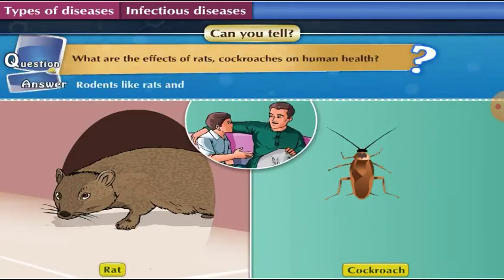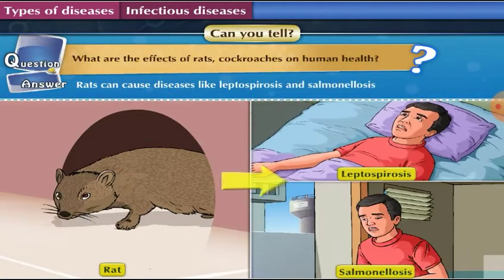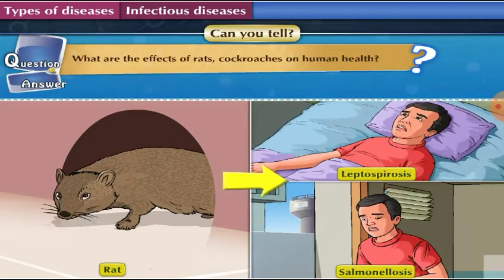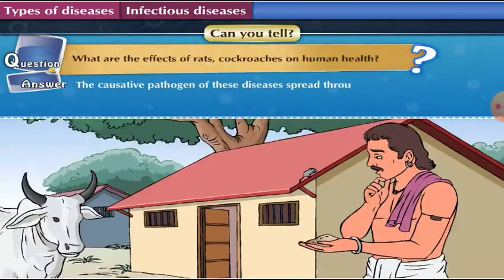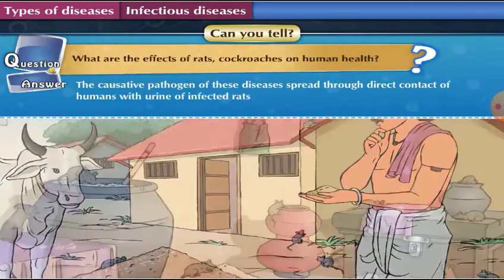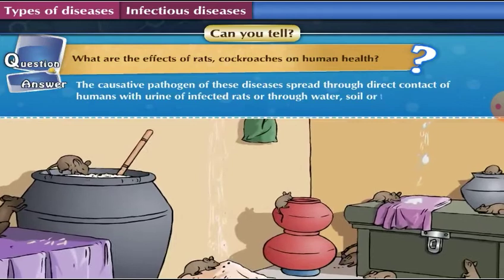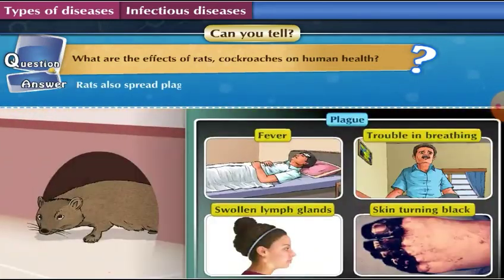Rodents like rats and insects like cockroaches can also affect human health. Rats can cause diseases like leptospirosis and salmonellosis in humans. The causative pathogens of these diseases spread through direct contact of humans with urine of infected rats or through water, soil or food contaminated with their urine. Rats also spread plague in humans.